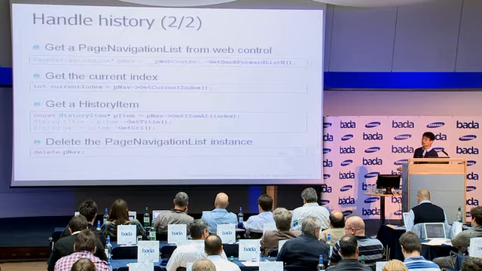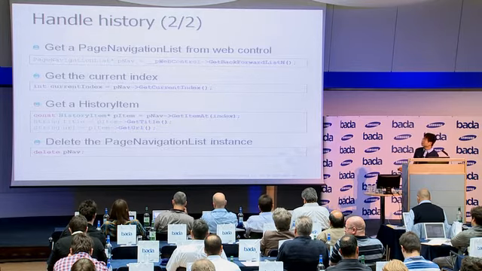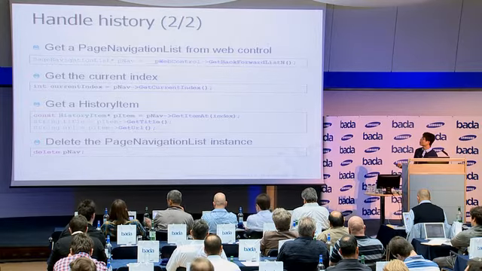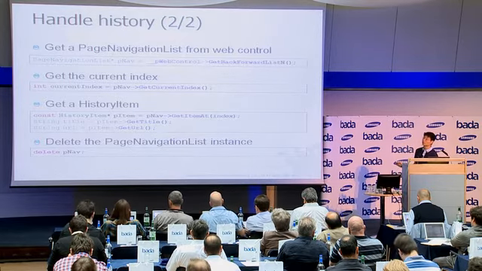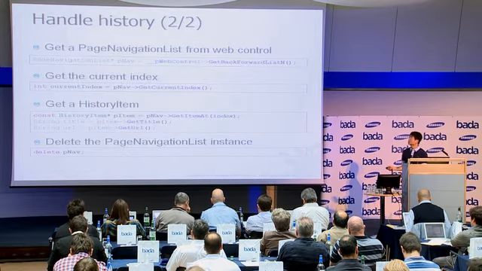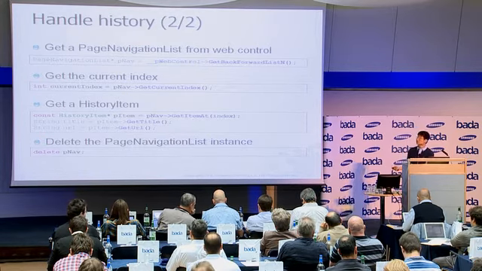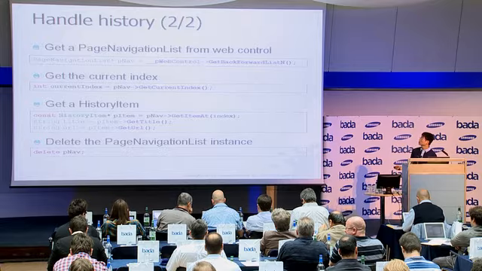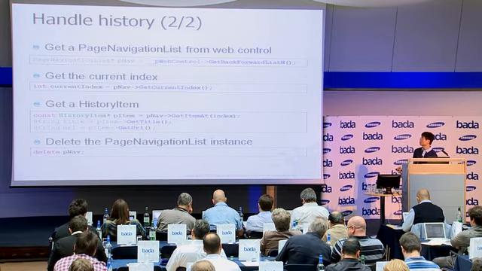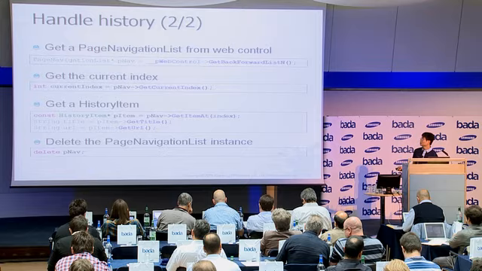There are some functions of the page navigation list. At first, you should get the instance of the page navigation list by using the GetBackForwardList method of the web controller. Then you can get the current index by calling the GetCurrentIndex method, or you can get a specified item with the GetItemAt method.